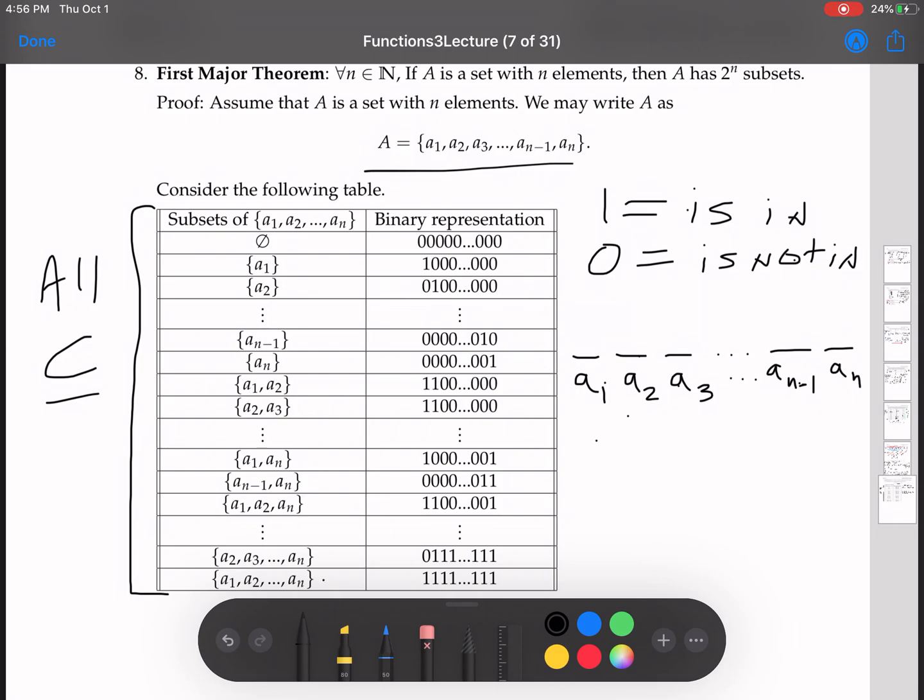All right, and then lastly, looking at this one, this is the set A itself. Everything's in there. That's why we have 1, 1, all the way across. That's how we get that code.